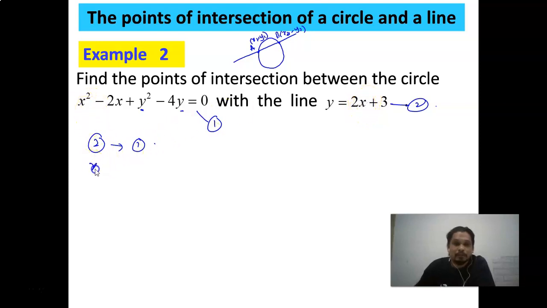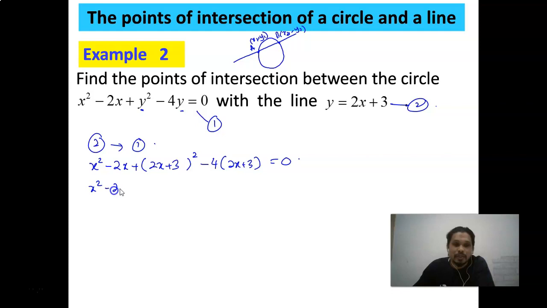So x squared minus 2x plus y squared, where y is squared, minus 4y equals 0. And we substitute y with 2x plus 3 each time.